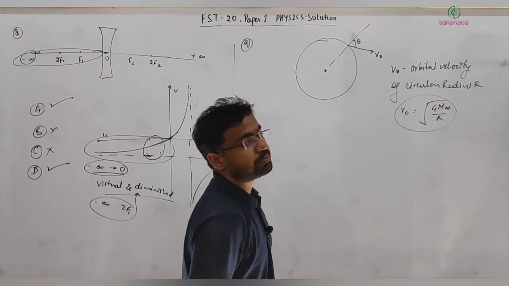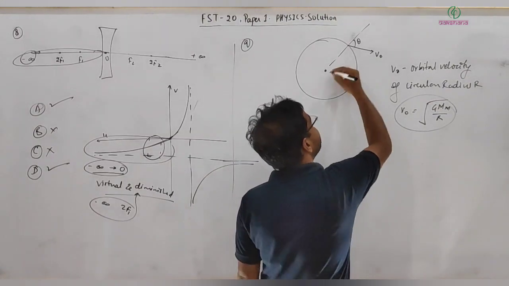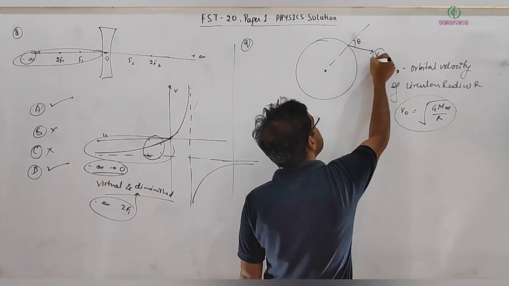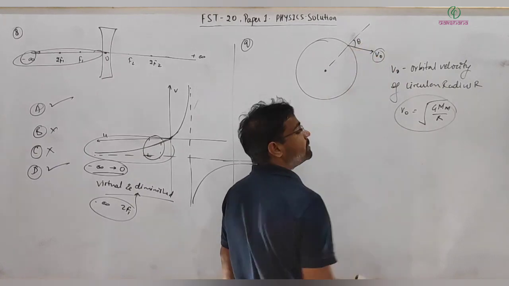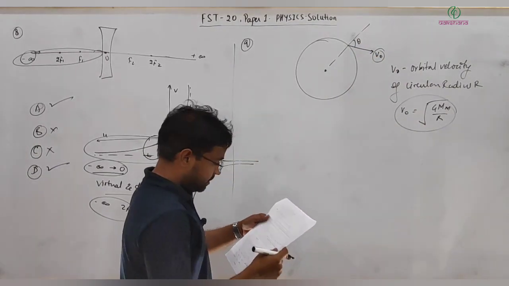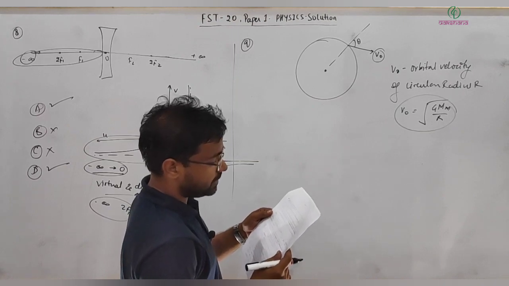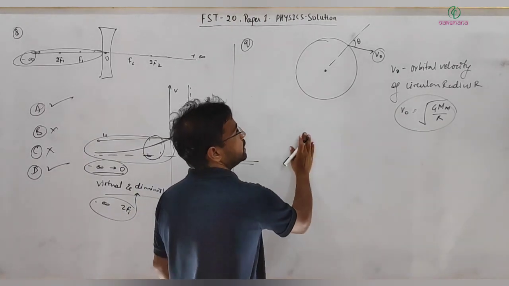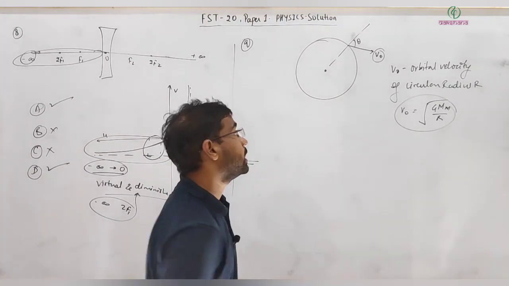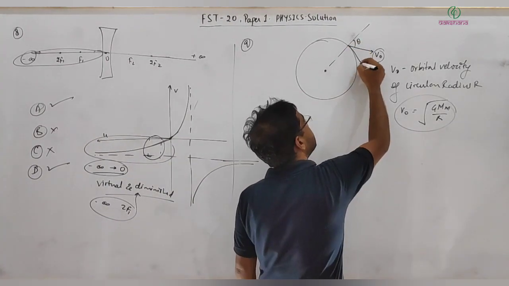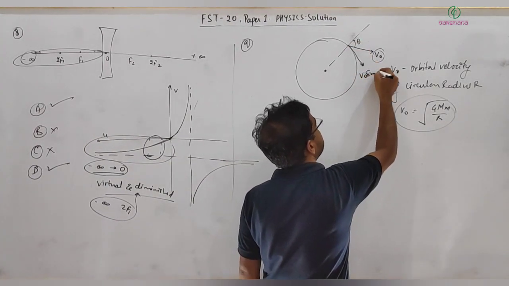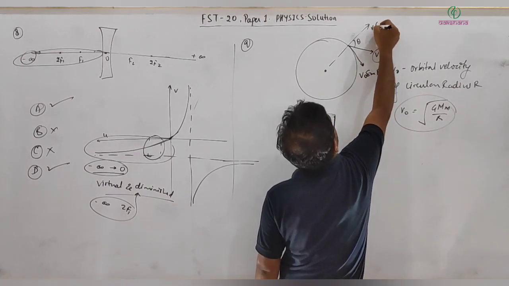The particle is projected with velocity v naught at an angle theta with the radius vector. Now it's asking about the maximum distance of the particle from the center of the planet. Let's say the final velocity is v, then we can use conservation of angular momentum. This will be v naught sine theta, this will be v naught cos theta.